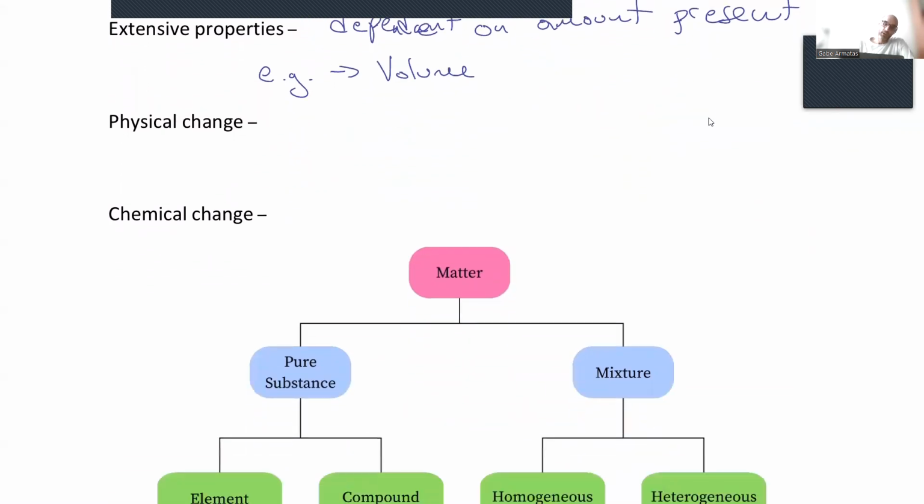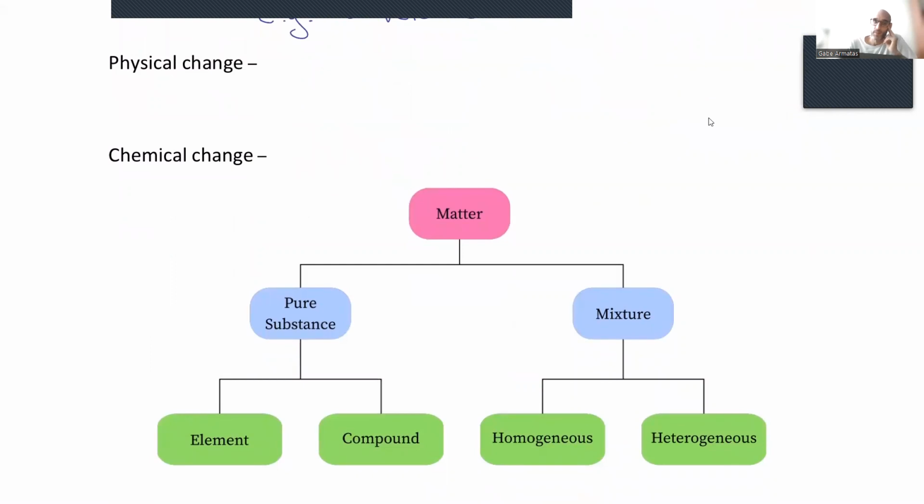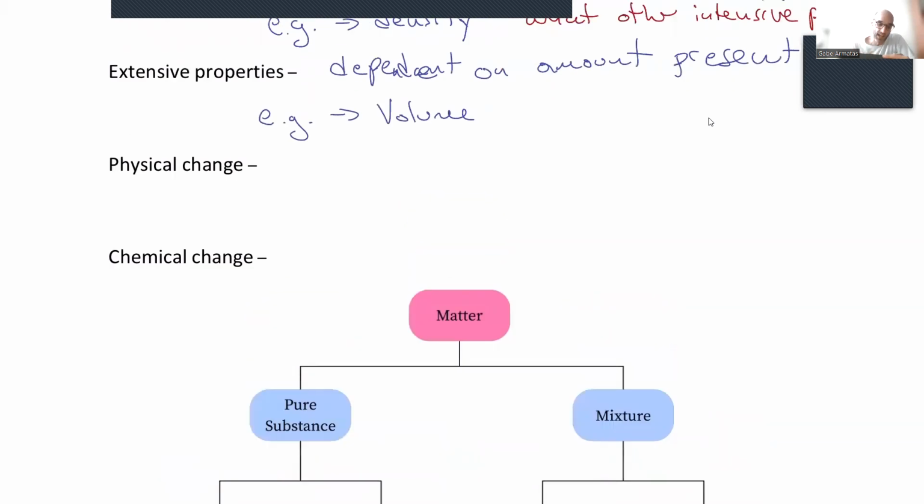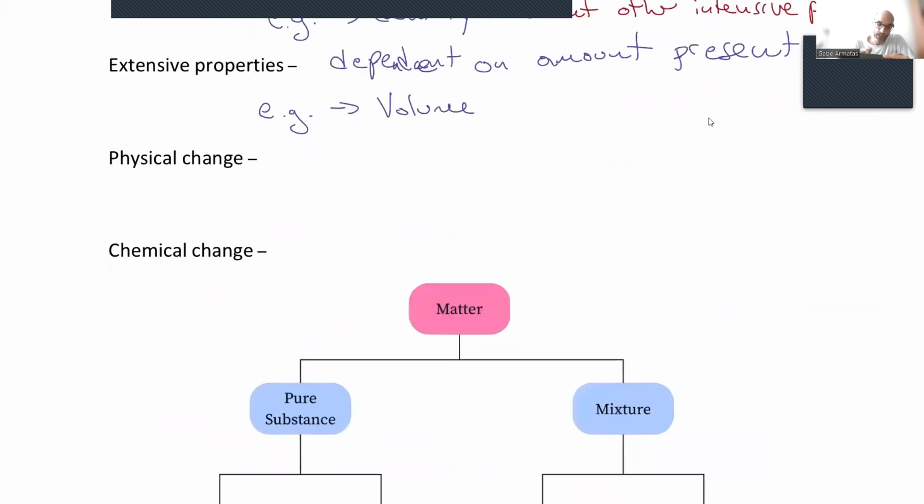Okay, so the last little bit, and I actually mentioned this above, is a physical change versus the chemical change. And we really mentioned it when I was talking about physical versus chemical property. A physical change is the same thing as a physical property.